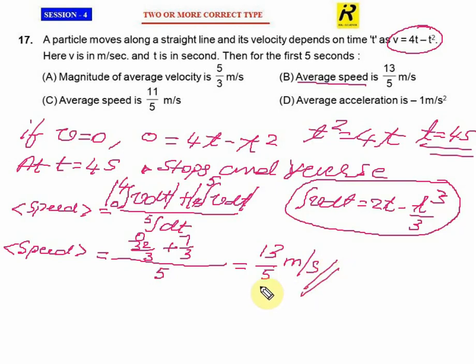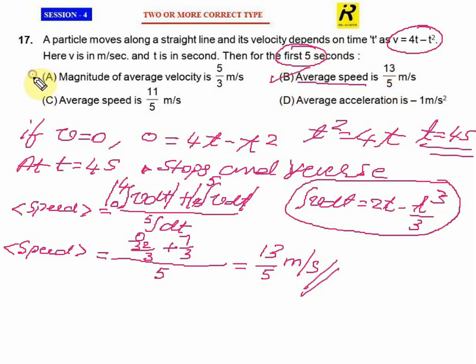So this will be the average speed, and for this you have to do the substitution work for these functions of integration. The solution is here, then put the limit values. Finally we get this answer, 13 divided by 5. So the average speed in the duration of the first 5 seconds, the answer he has given in option B, 13 divided by 5, is correct.